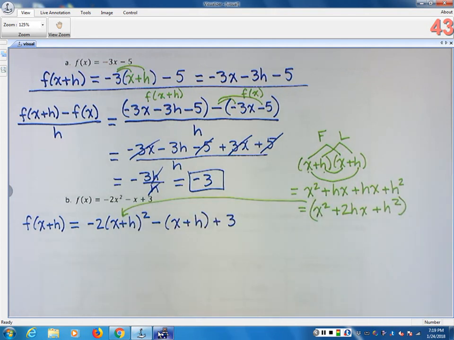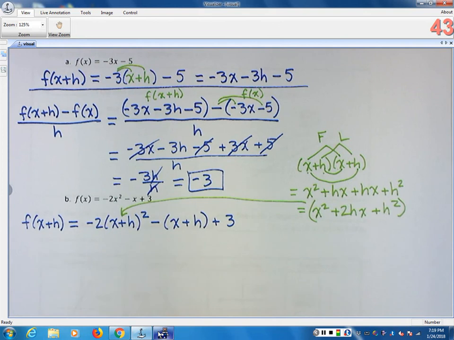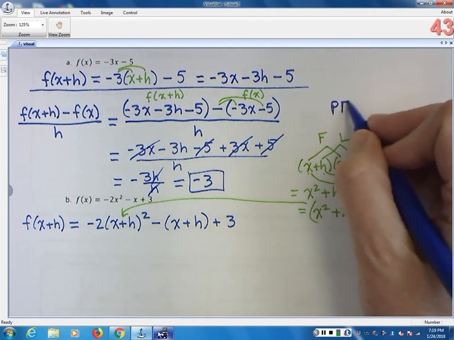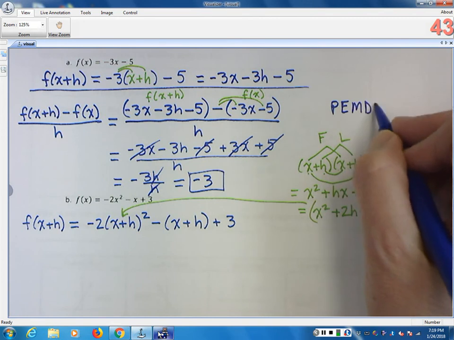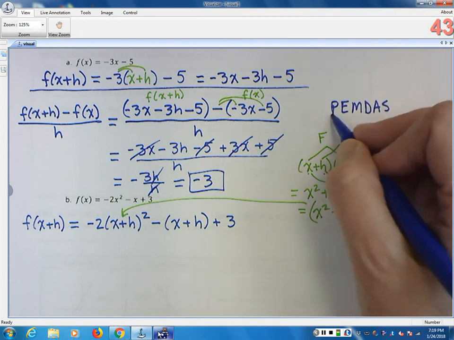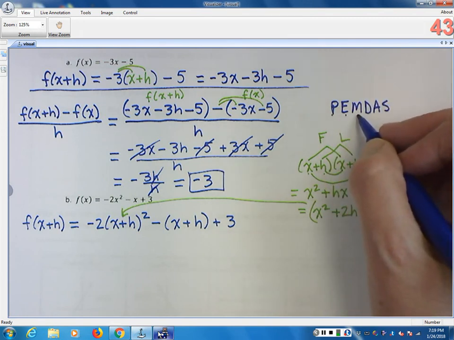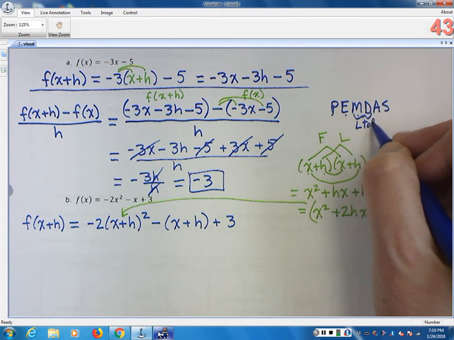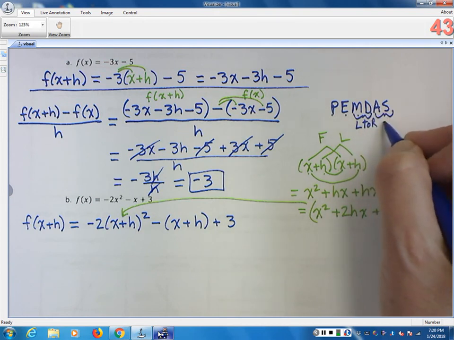And you do not distribute, you have to follow your right order of operations. Please excuse my dear Aunt Sally: parentheses, exponents, multiplication, division is actually left to right, and addition and subtraction is actually left to right.